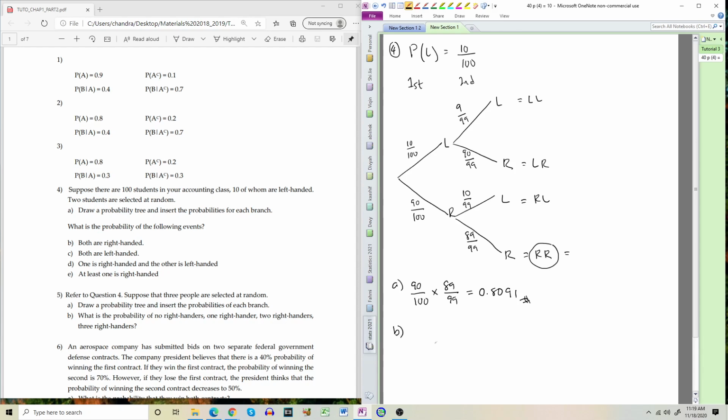If B, both are left-handed, is here. I'm getting 0.0091.